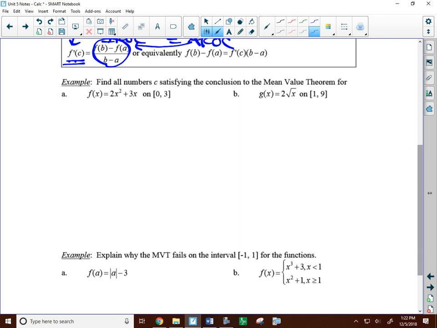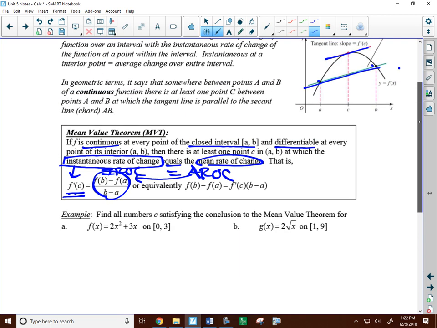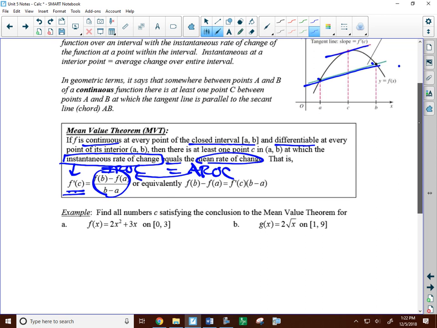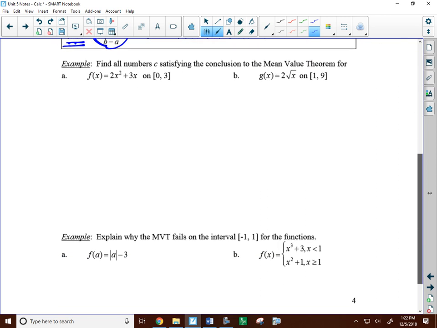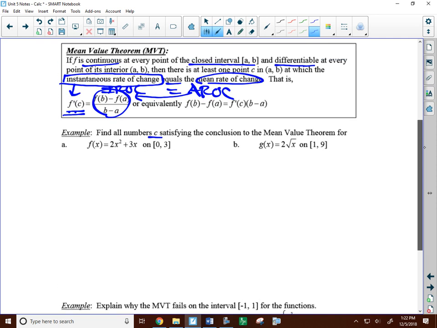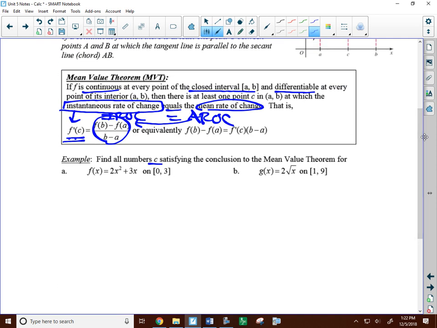What can I answer, though, before we try some? Very well. So let's find all numbers c satisfying the conclusion to the Mean Value Theorem for these two functions. c is just the common variable, it's really just x. Why do they replace everything with different variables?